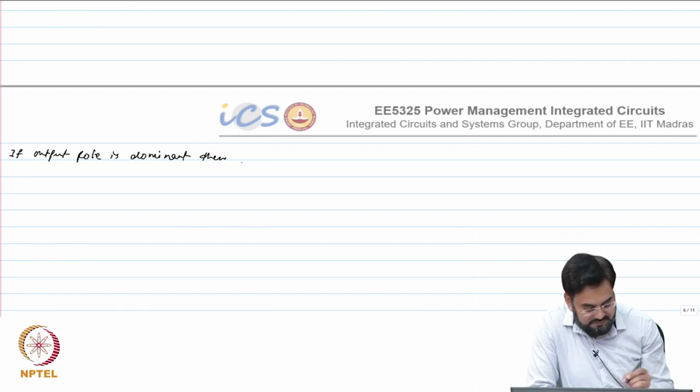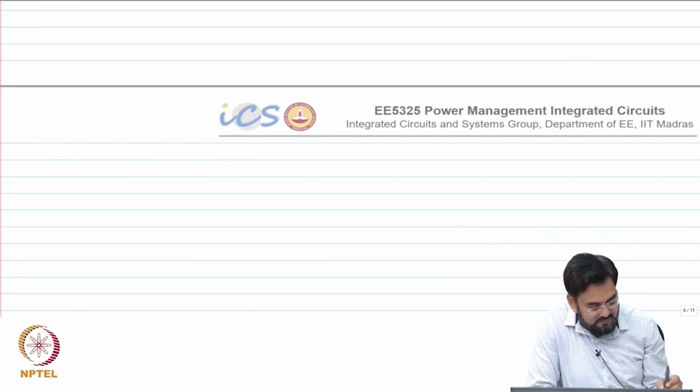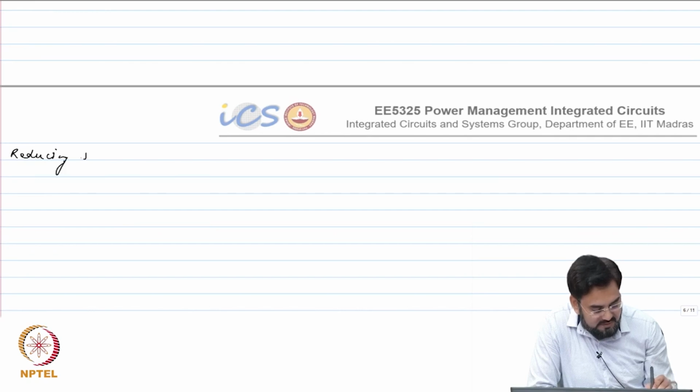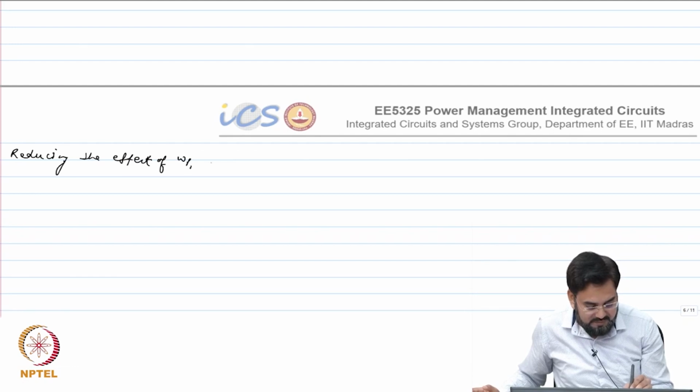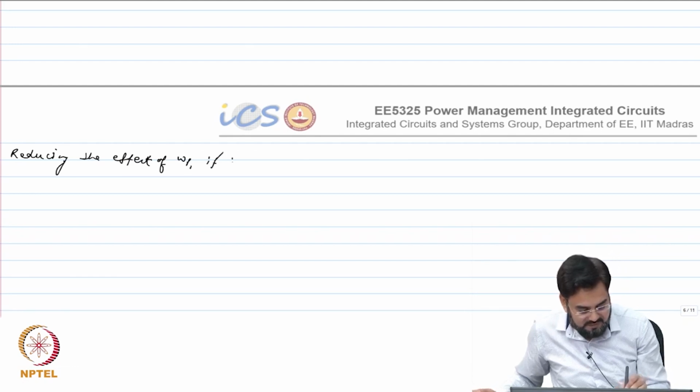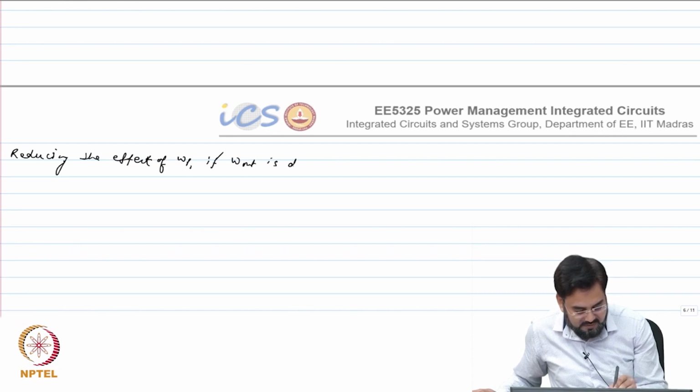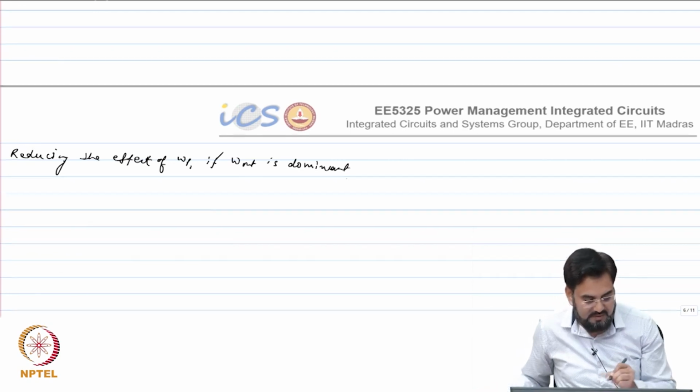Or let me write it this way: reducing the effect of omega P1 if omega out is dominant.